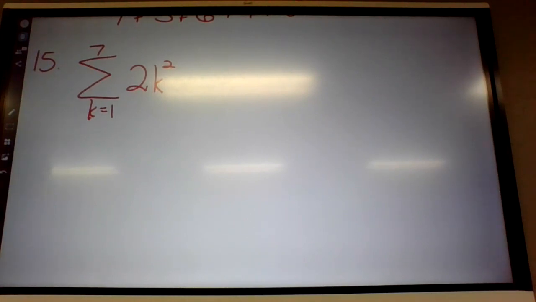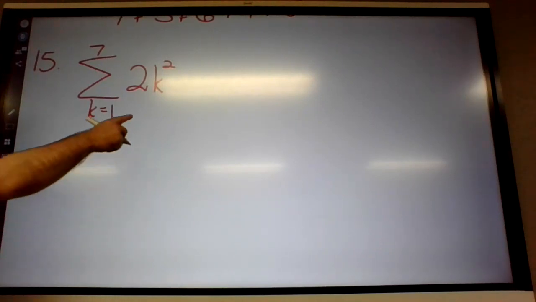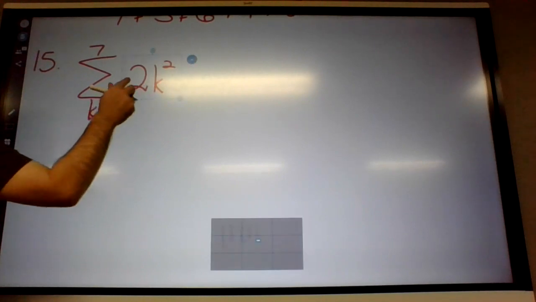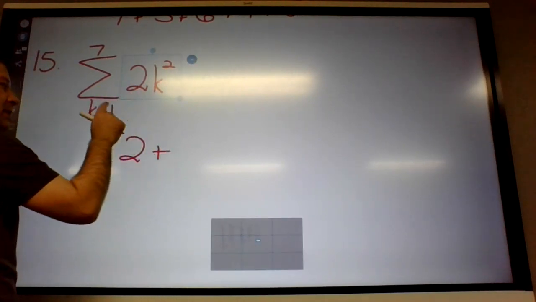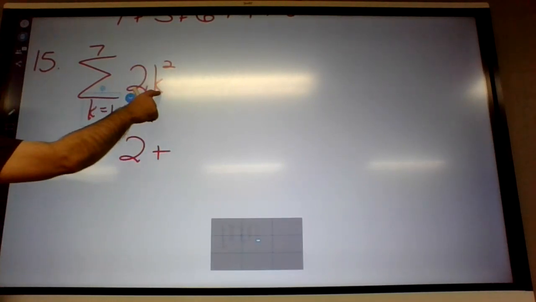Okay, so on number 15, what are we going to do? Plug in 1, 2, 3, 4, 5, 6, 7. If I plug in 1, 1 squared is 1 times 2 is 2. If I plug in 2, 2 squared is 4 times 2.